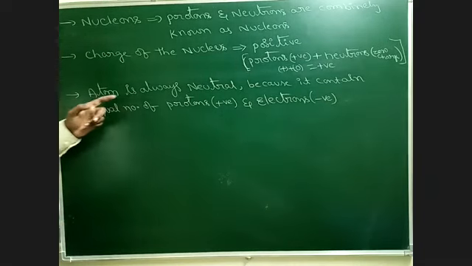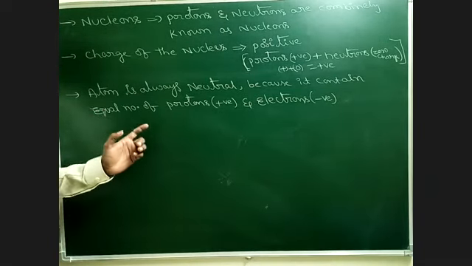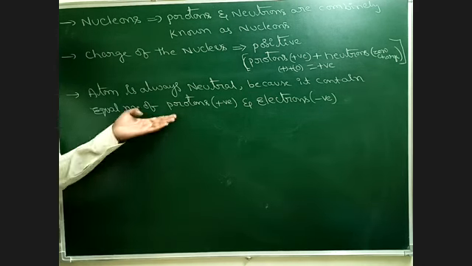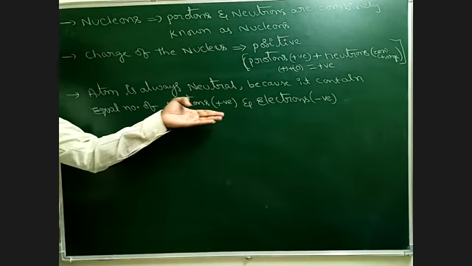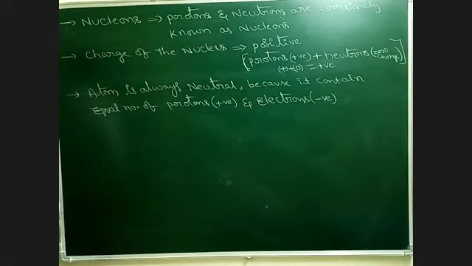I repeat, atom is always neutral because it contains an equal number of protons and electrons. Protons positive charge, same number of positive and same number of negative. That is why atom is neutral.